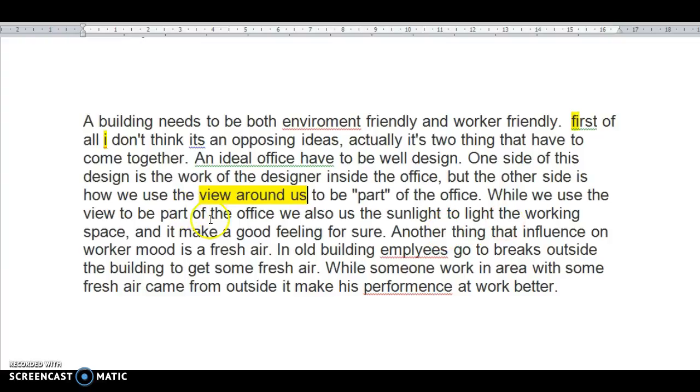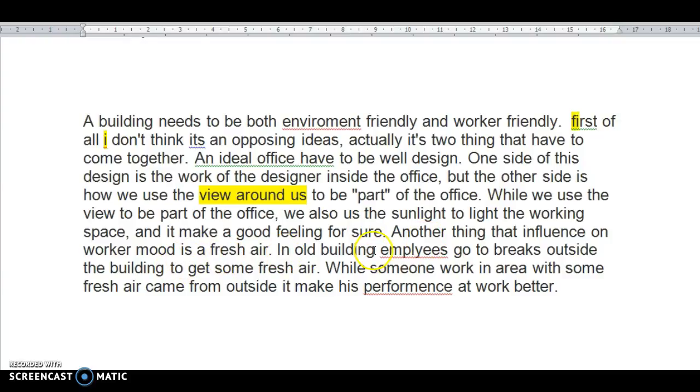While we use the view to be part of the office, we also use the sunlight to light the working space and to make a good feeling for sure. So, yeah, I think I got an idea of what you're saying, but some of the mistakes make it unclear. Another thing that influences on a worker mode is fresh air.